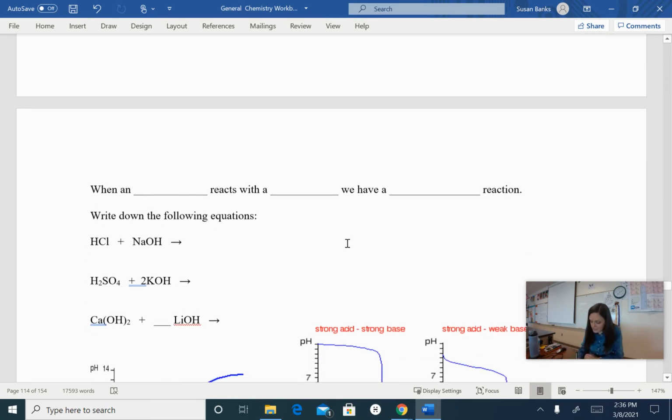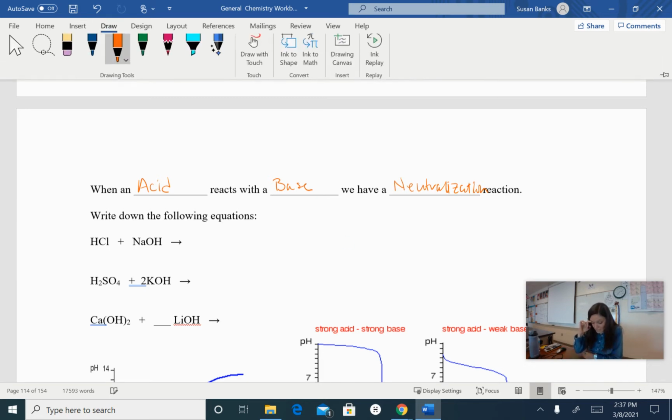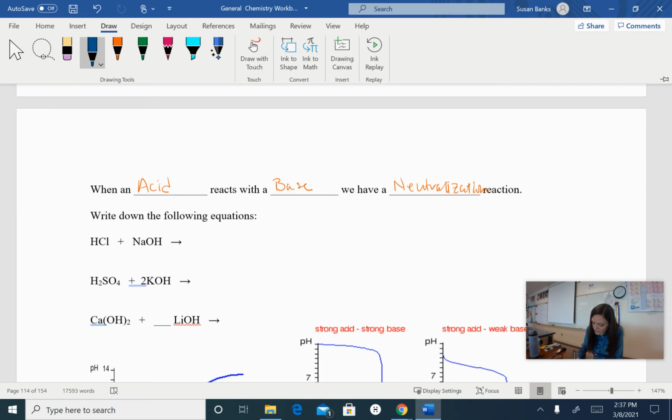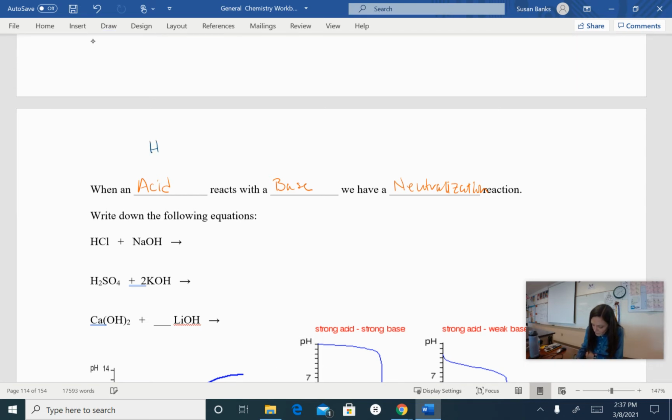So when an acid reacts with a base, we have what is called a neutralization reaction. So let me write a generic acid and base reaction for you. So if I have a generic acid, HA, reacting with a generic base, BOH, the hydrogen is going to get together with the hydroxide.